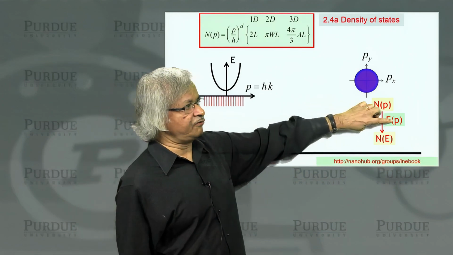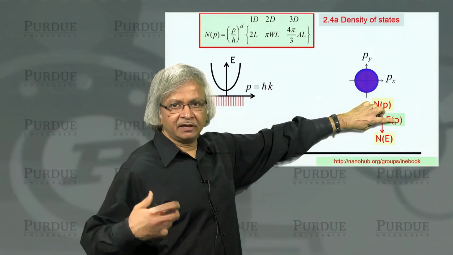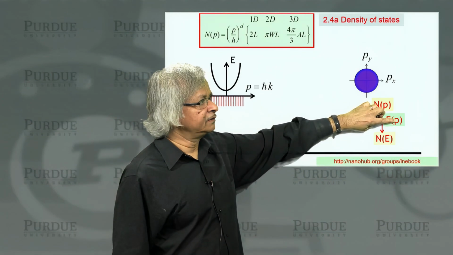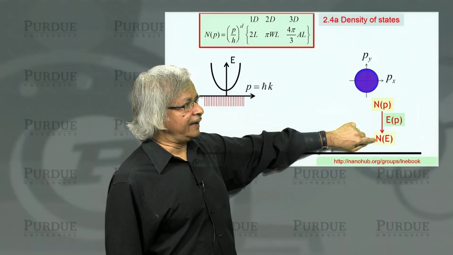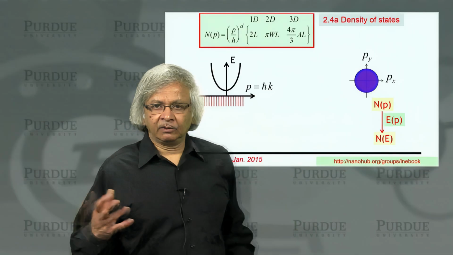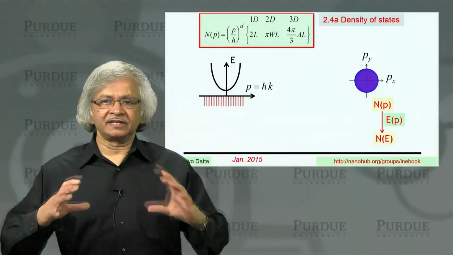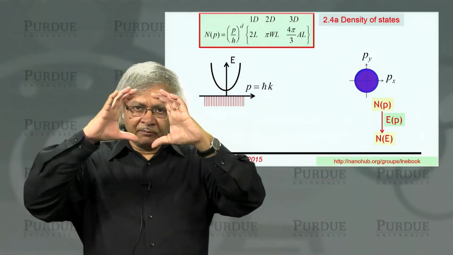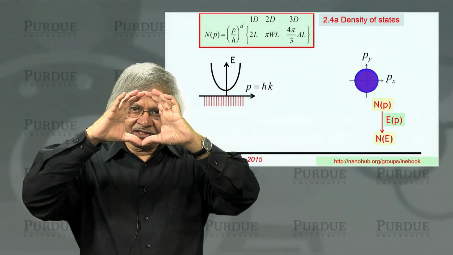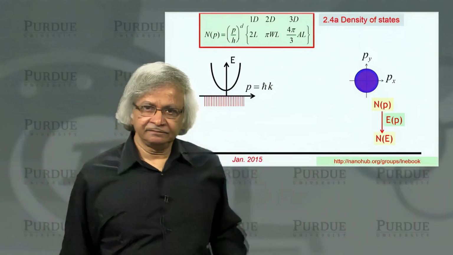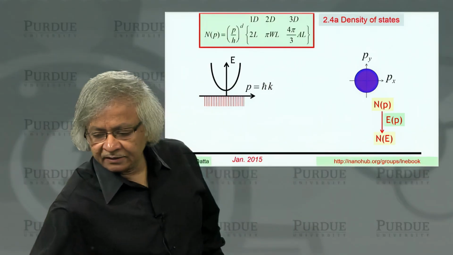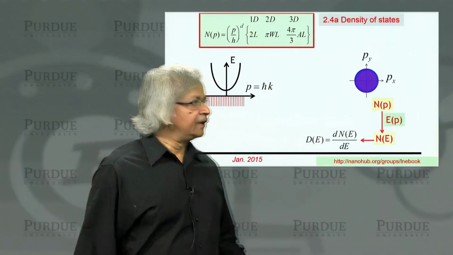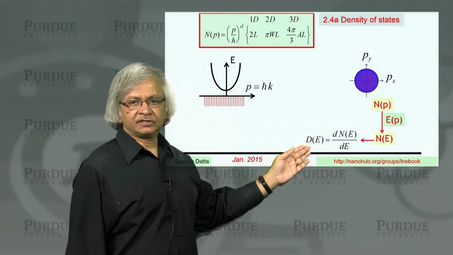So that's this E of P. When I write P, I mean the magnitude of the momentum. And we could combine those two to get a N that is a function of E. What does that represent? Well, it represents how many states you have whose energy is less than E. That's this N of E. And once you have that, you can take its derivative, and that will give you the density of states.